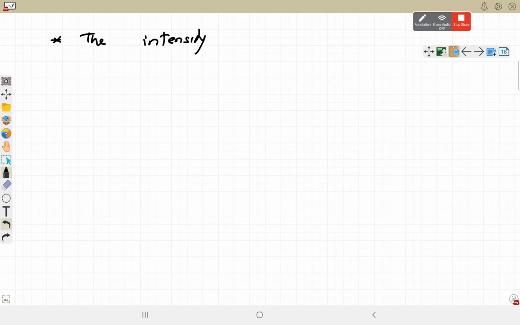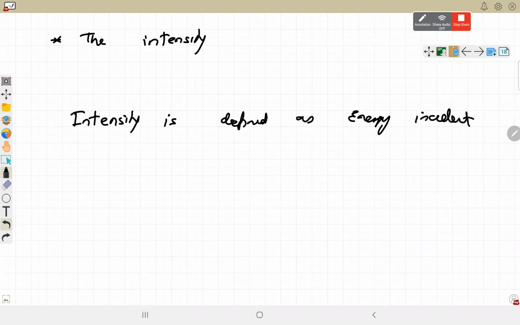That is called intensity. So let's write it separately because we'll be using this word multiple times. Intensity is defined as energy incident per unit time per unit area.